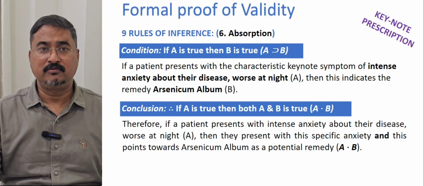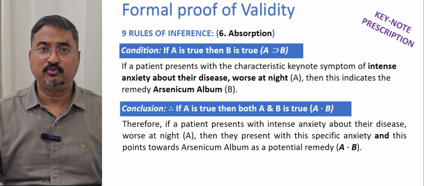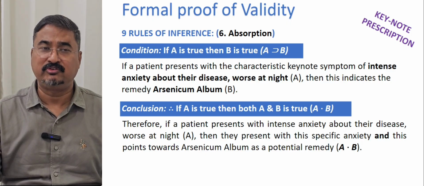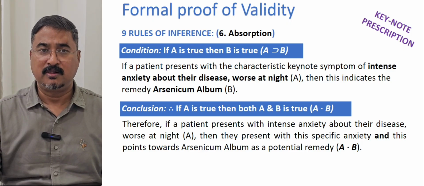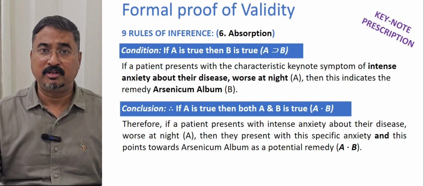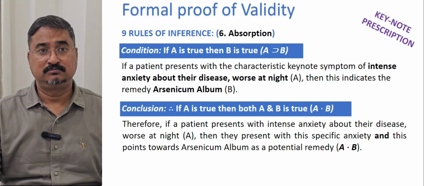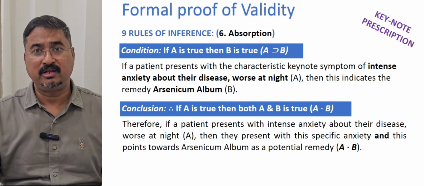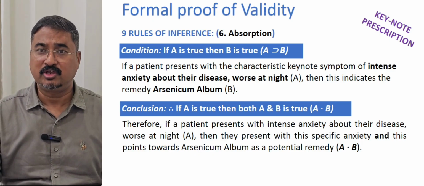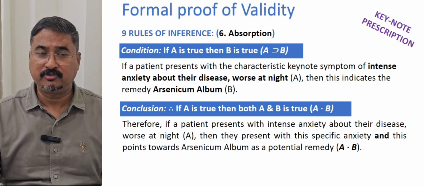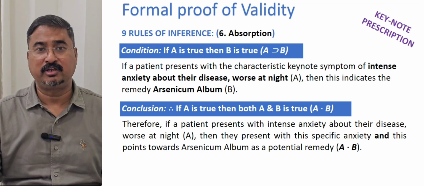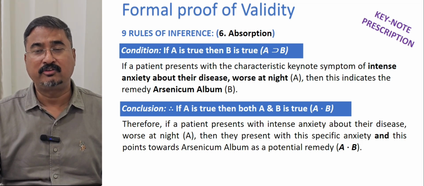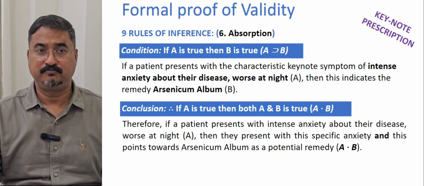The condition is: if a patient presents with a characteristic keynote symptom of intense anxiety about their disease, worse at night, then this indicates the remedy arsenic album. Then the conclusion is, therefore, if a patient presents with intense anxiety about their disease, worse at night, then they present with this specific anxiety, and this points towards arsenic album as a potential remedy.